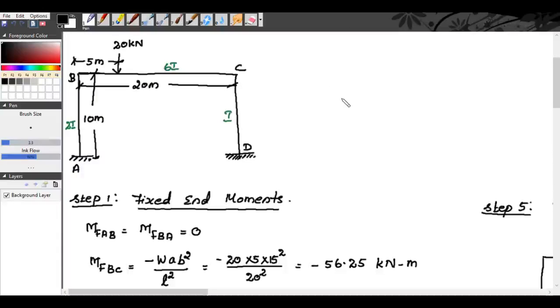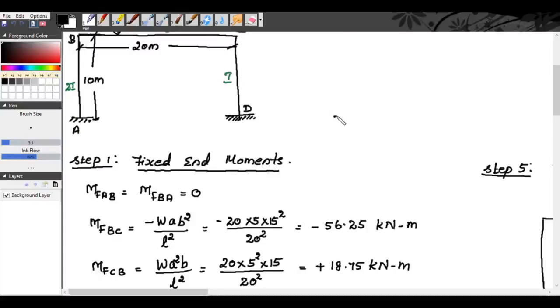So we know when you have a span, when you take the section, at the supports, we will assume the ends as fixed supports. So when the ends are fixed supports, there will be negative moments.